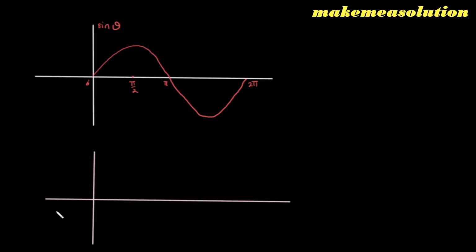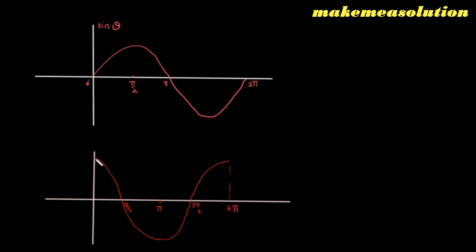If you draw the graph of the cosine function, it starts like this. The same pi over 2 here, then we have pi, then 3 pi over 2, then finally 2 pi.